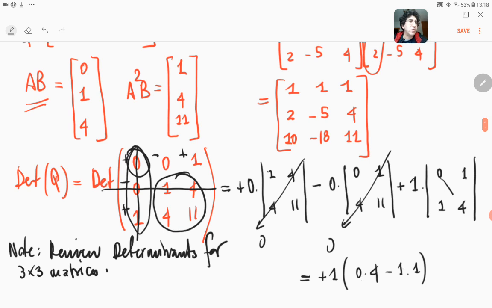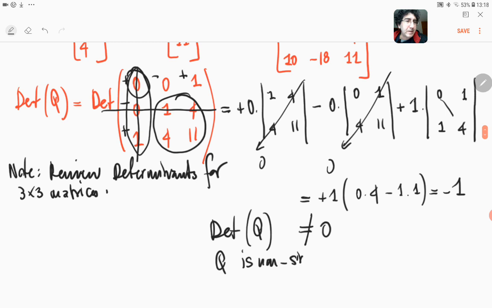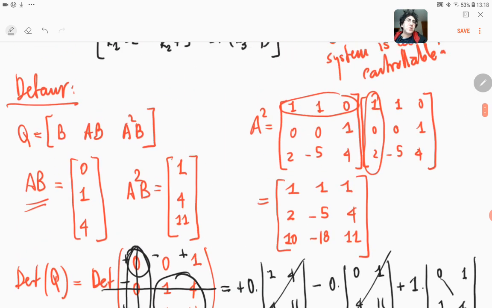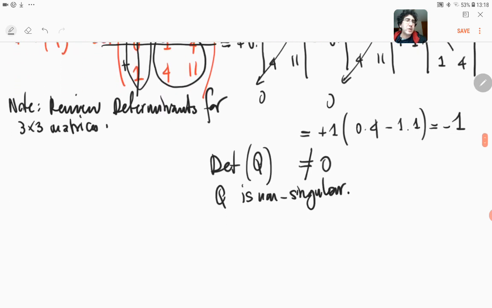Okay, so this is 0 minus 1, multiplied with plus 1, is equal to minus 1. So that is simply not equal to 0. So the determinant of Q is not equal to 0, so Q is non-singular. Okay, so that is the check for complete controllability.